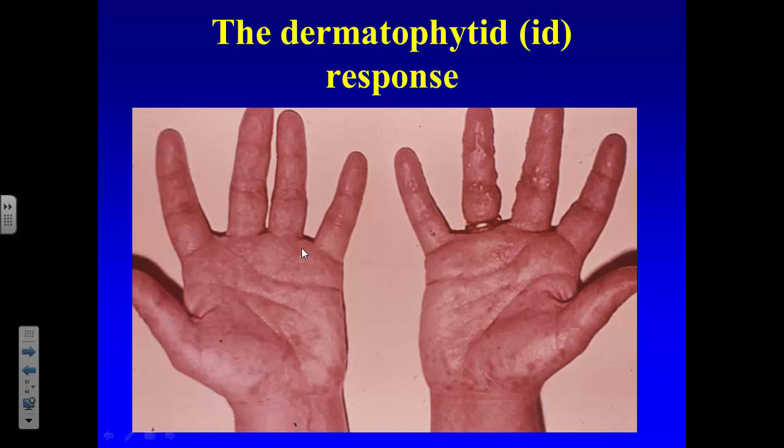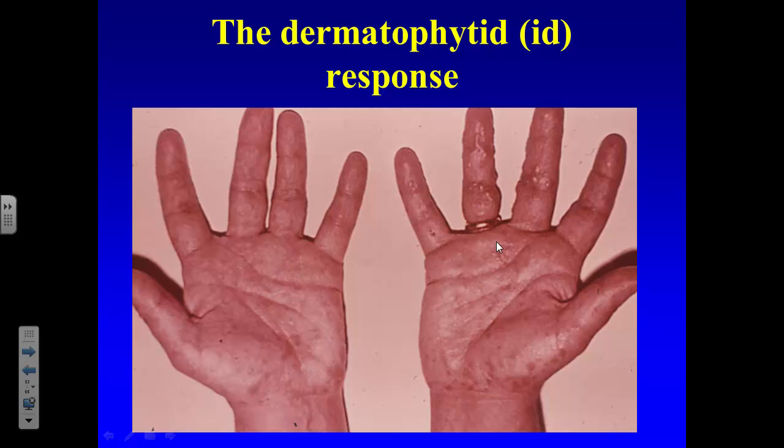Some people are highly allergic to fungi, so if they get a skin infection that produces antigen that can leach into the body, it can produce a systemic allergic response known as the dermatophytid response, or simply id response, that can produce lesions, basically hives, urticaria type lesions all over the body.